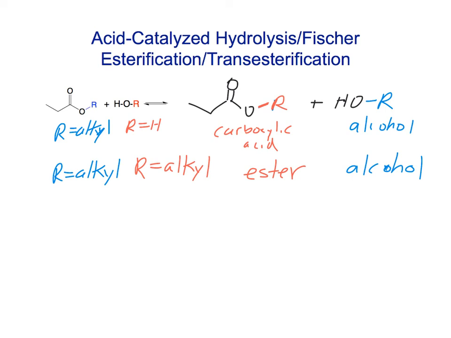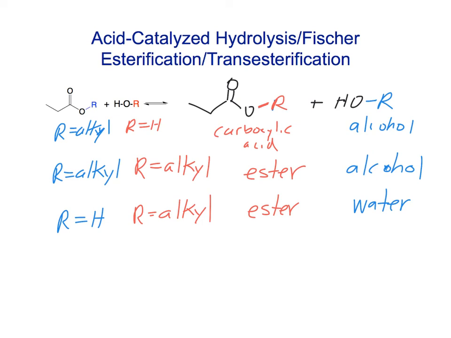Okay, and then the final possibility here is that if this blue R equals an H, then what functional group are we starting with? Carboxylic acid, and this R equals alkyl, then we are going to end up with, what's our product? It's an ester, because the red R is an alkyl group, and what's this one? This is going to be water.